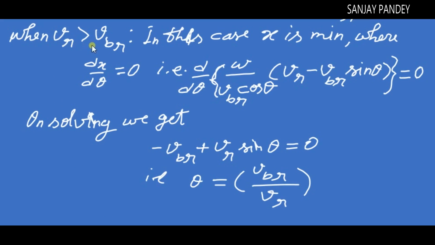When Vr is greater than Vbr, in this case x is minimum where dx upon d theta is equal to 0. That is, d upon d theta of x is equal to 0. On solving this, we get minus Vbr plus Vr sin theta equal to 0, that is, theta is equal to this.